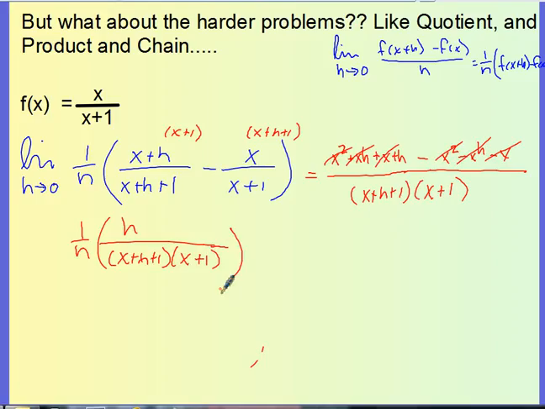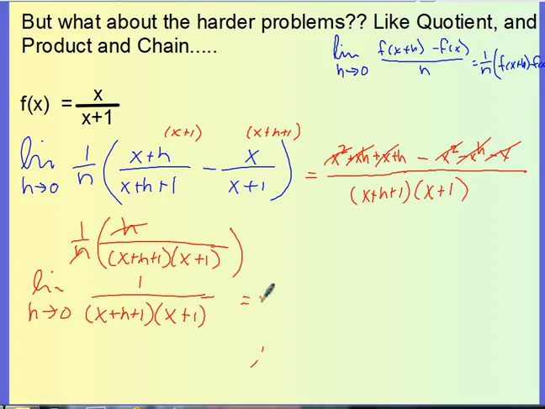You notice something. These are already canceled, right? Because h on top, h on bottom. By rule, if you're multiplying fractions, they will cancel. So what's left, people? 1 over x plus h plus 1 times x plus 1. Okay?